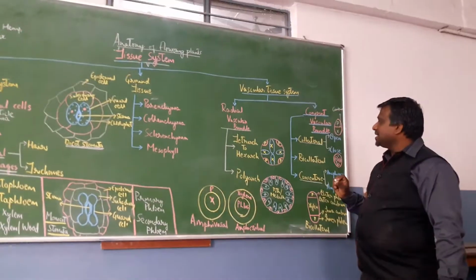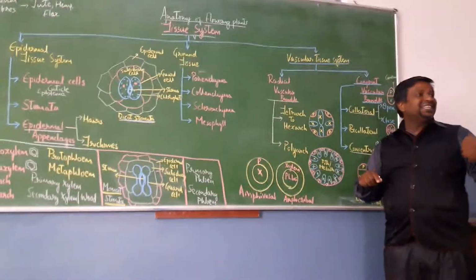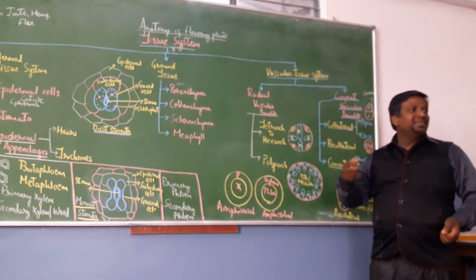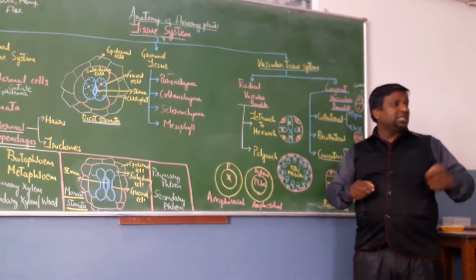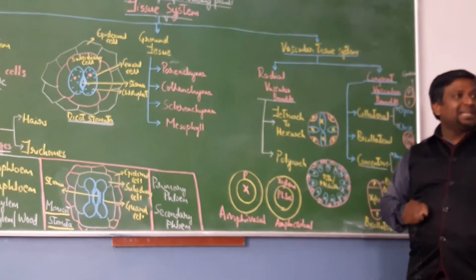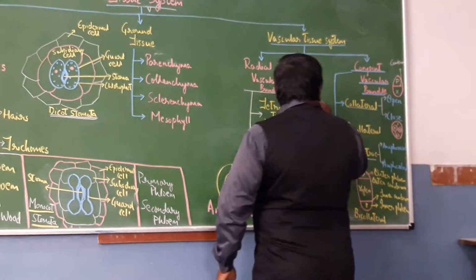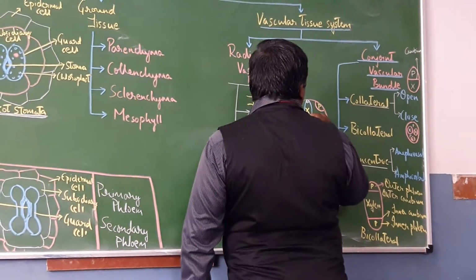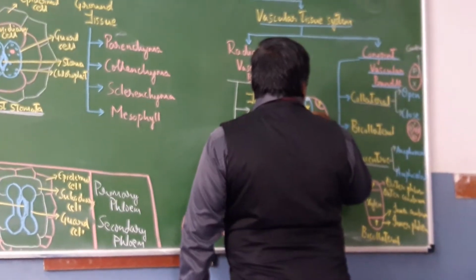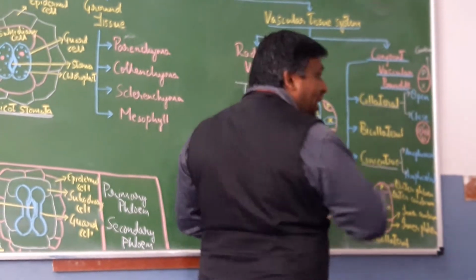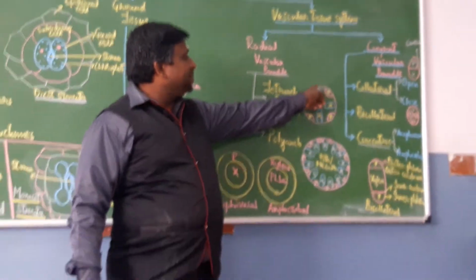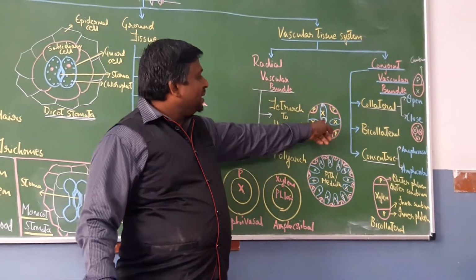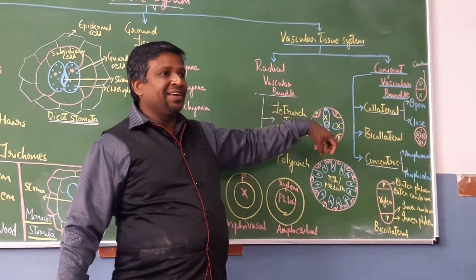is that exo means external and endo means internal. What is external, what is internal? In exarch, the protoxylem is external and the metaxylem is towards the pith or internal. Protoxylem is towards the endodermis and pericycle. Metaxylem is towards the center.